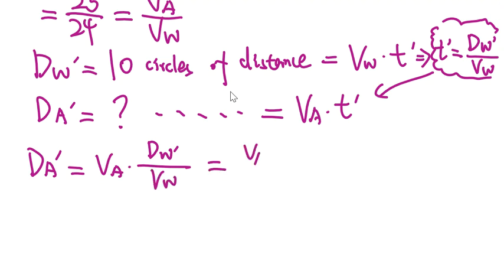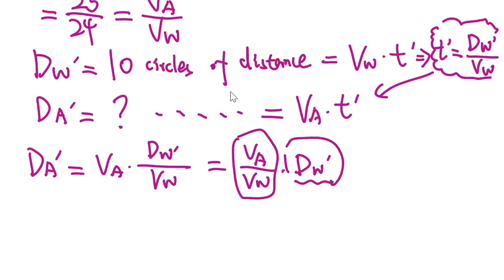It is going to be VA divided by VW times dW' of distance. Remember, this is the distance, and this is a ratio. And we know that this ratio is already 25 divided by 24, so times 10 circles, right? You already know that this is 10 circles.